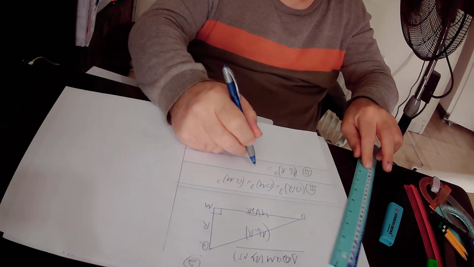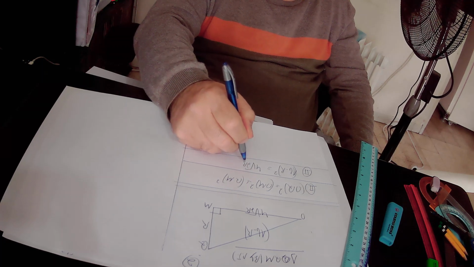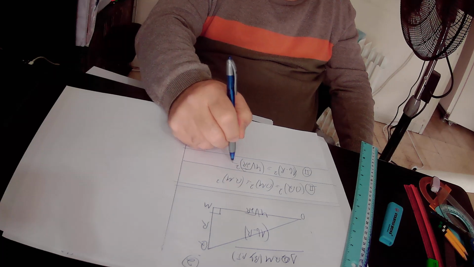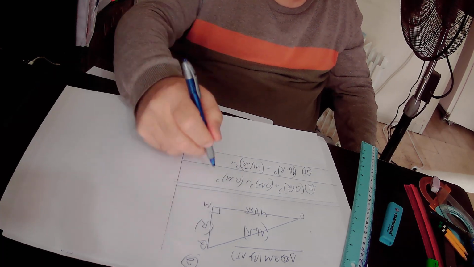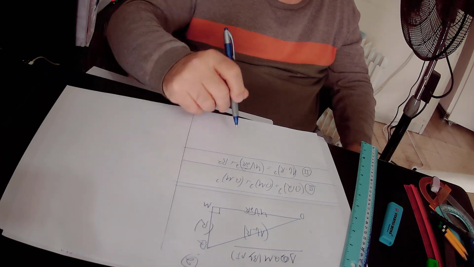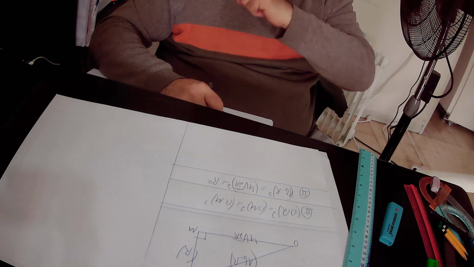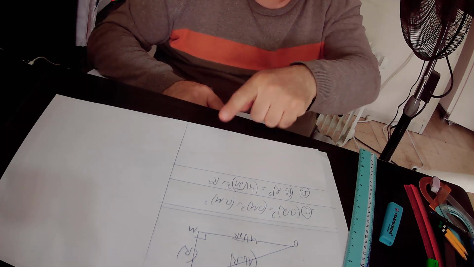OM is 4 times square root of 2r, and therefore OM square is (4 times square root of 2r) square, plus QM square. QM is r, therefore QM square is r square. So according to equation 2, we find that (16 minus r) square equals (4 times square root of 2r) square plus r square.